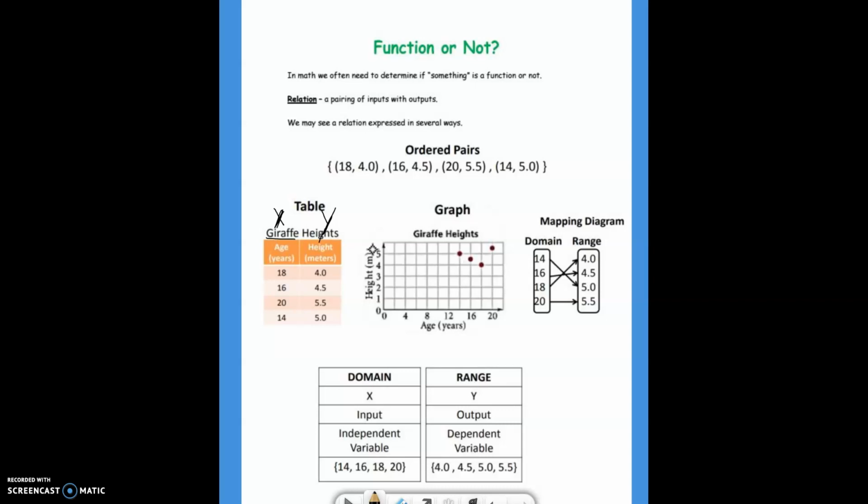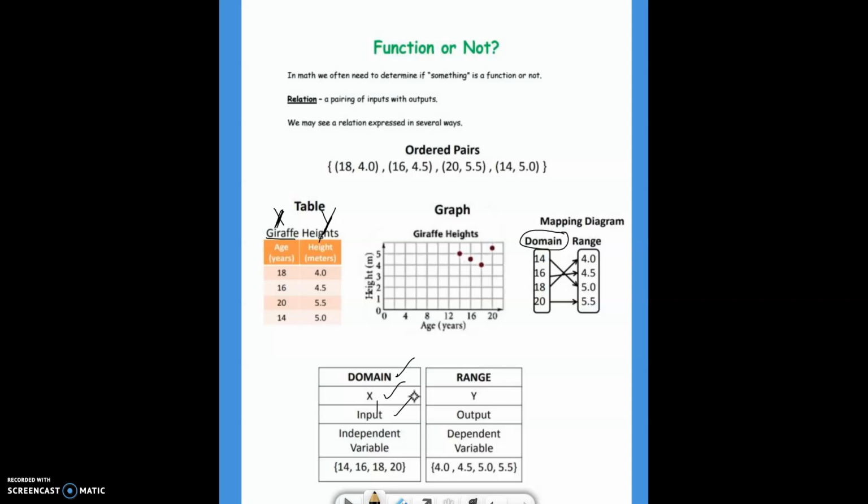And we have a couple of different names for the x value. One of the names is domain. So we could call it the domain, or the x value, or the input, when we input something, or sometimes the independent variable.